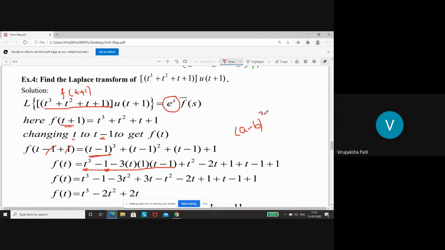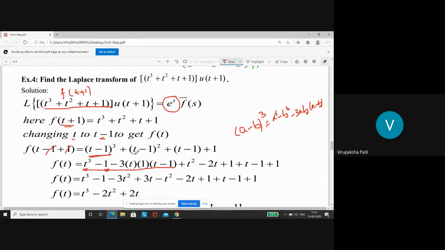We are going to write a minus b whole cube is equal to a cube minus b cube minus 3 times a into b into bracket a minus b. Here a is t and b is 1, so you get t minus 1. Am I right?